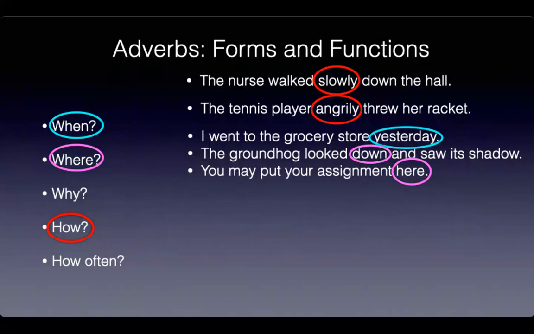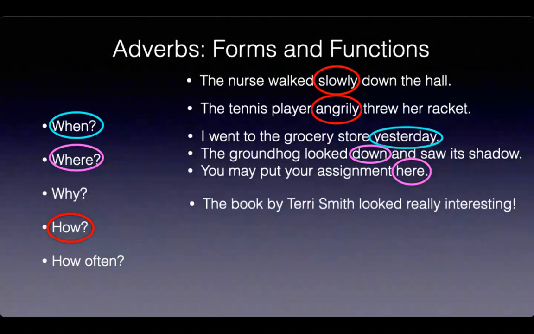In addition to describing verbs, adverbs can also describe adjectives and other adverbs. Here's an example. The new book by Terry Smith looked really interesting. This sentence uses the adjective interesting to describe the book by Terry Smith. How interesting did it look? Really interesting.